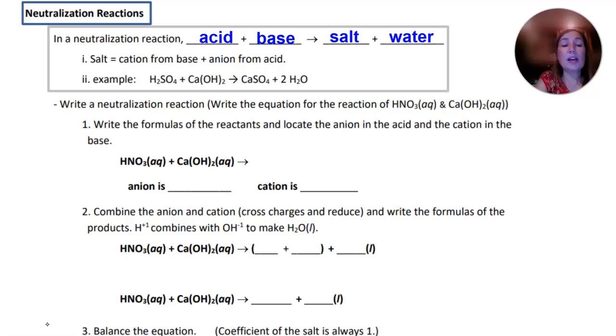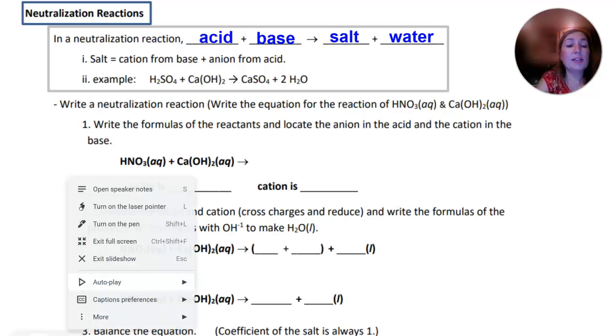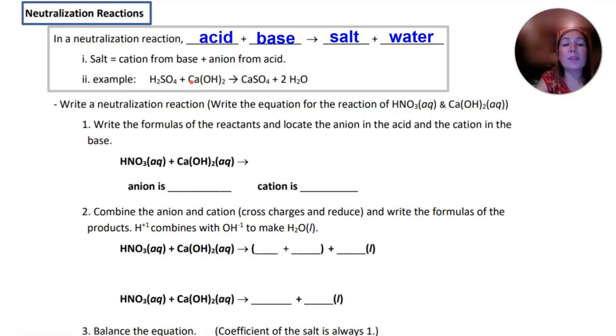So in this reaction, here is our cation, Ca, from our base, and then sulfate is our anion from our acid. They get together. This is our salt. So it's more like salt in a chemist's term, not necessarily everyday life. Everyday life narrows it down to just sodium chloride, but we think of it more generally.